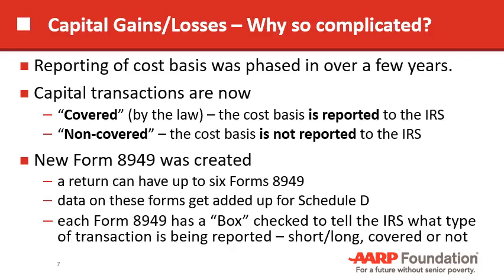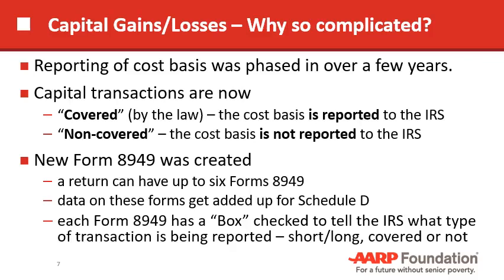And it wasn't until 2014 that they required the cost basis for individual bonds. Anyway, the capital transactions are now either covered or not covered by the law. If they're covered, it means the broker has to report the cost basis if the item is sold. If it's not covered by the law, they don't have to report it to the IRS.